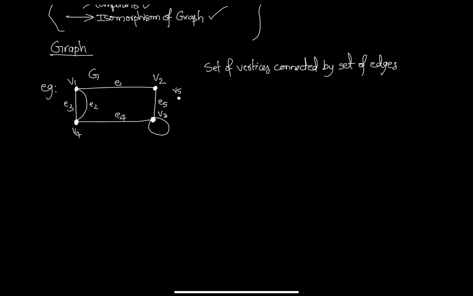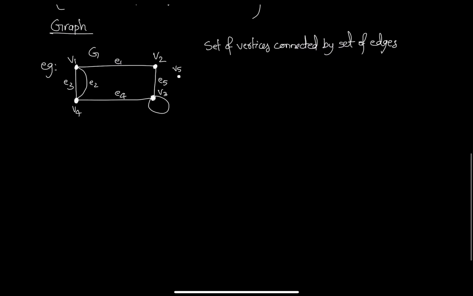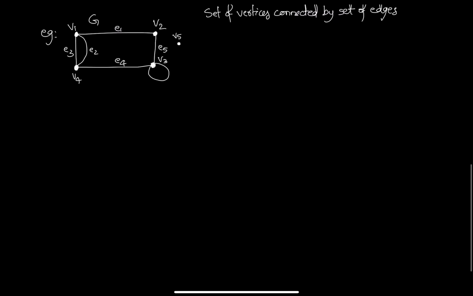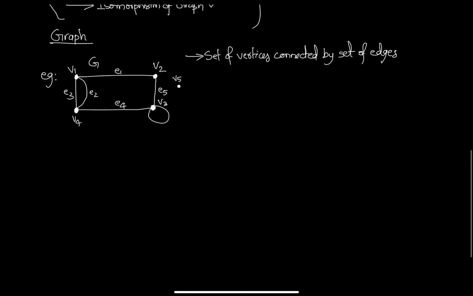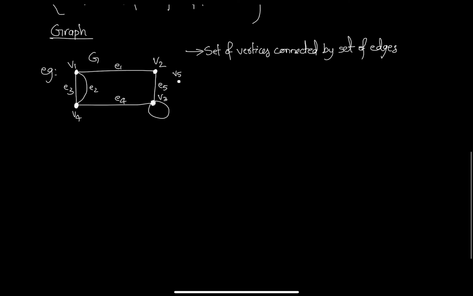So a graph in a simple basic definition is just a set of vertices connected by a set of edges, and this is the easiest example that you can get. We see that vertices V1, V2, V3, V4 and V5 are all connected by using edges E1, E2, E3, E4 and E5.